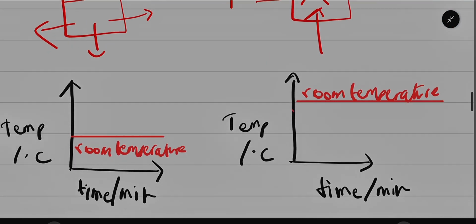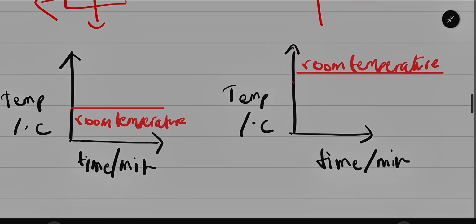Now if we start the reaction, we are talking about the exothermic reaction, by the way. If we start this reaction, obviously the surrounding temperature will start to increase. Now let's say that my reaction stopped at this point called X. Point X is the point where my reaction has stopped.